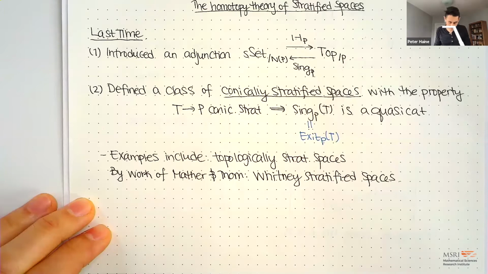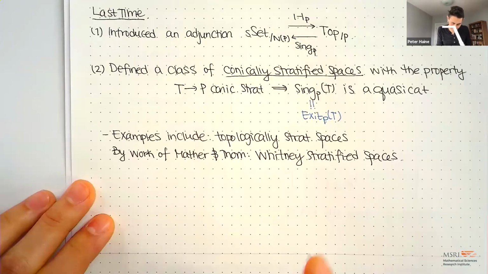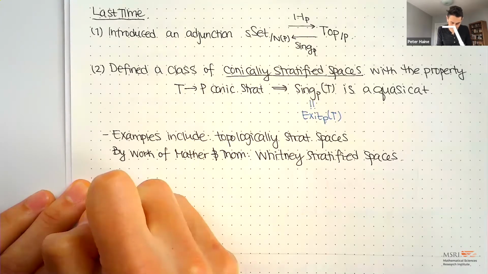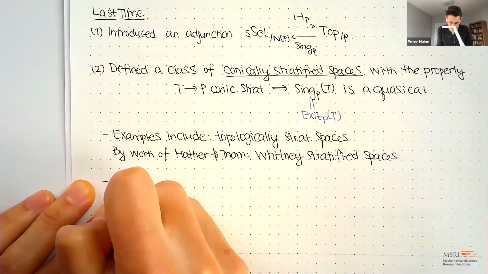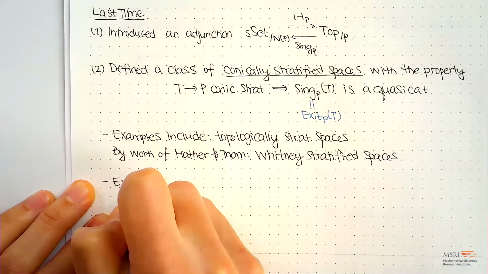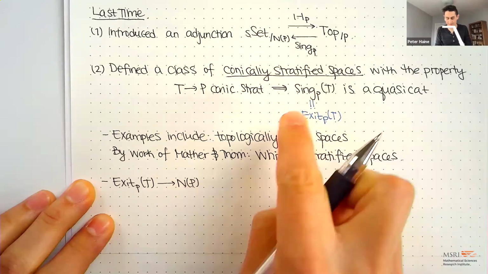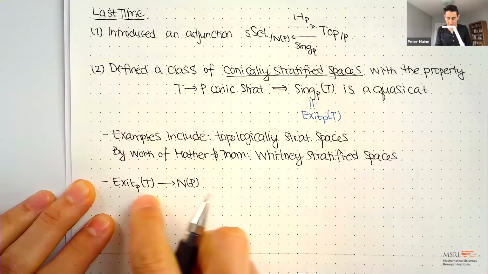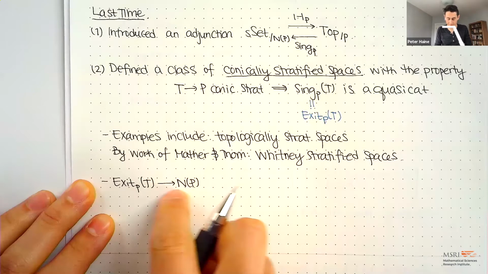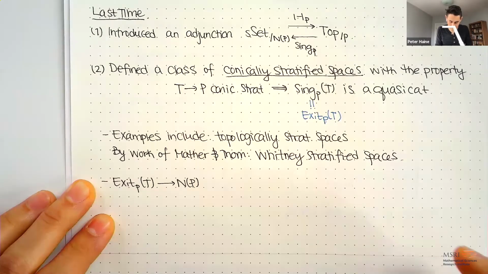And the other thing to note is that in this setting, this functor exit P of T to the nerve of P, just sending a point to the element of the poset that it lies over, is conservative.